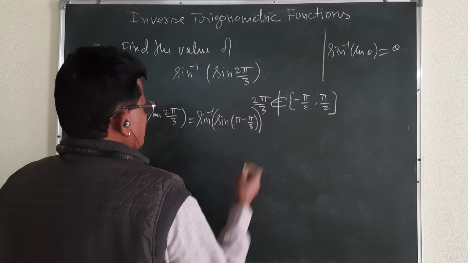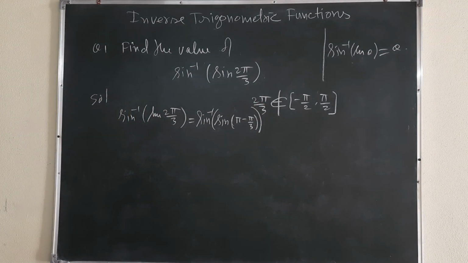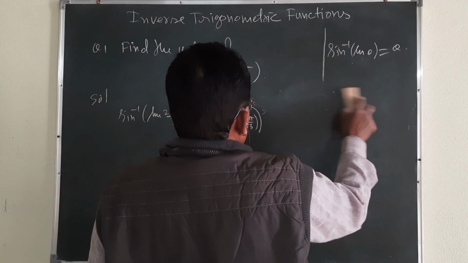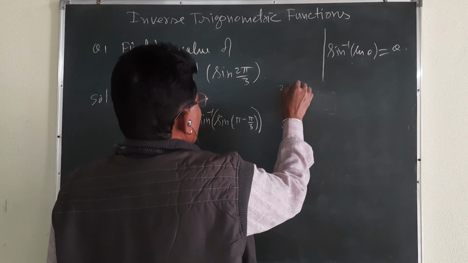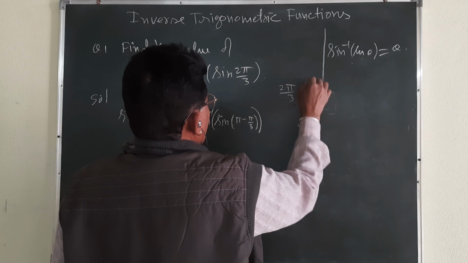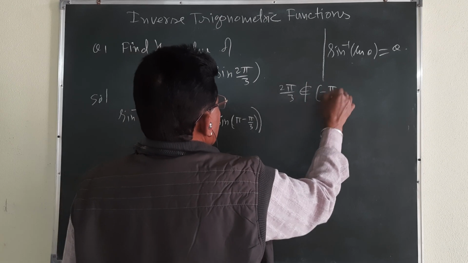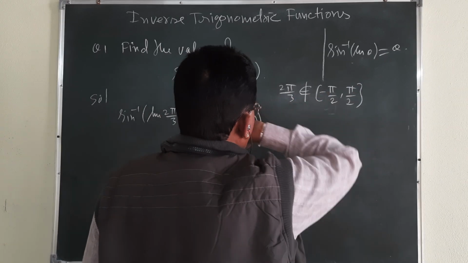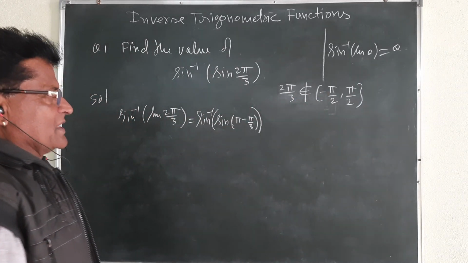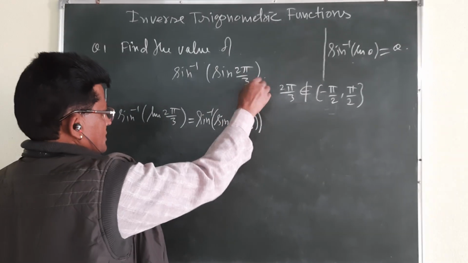Let me remove this thing from here because there is a little space and I will write it over here. 2 pi by 3 does not belong to the range of the sine inverse function.